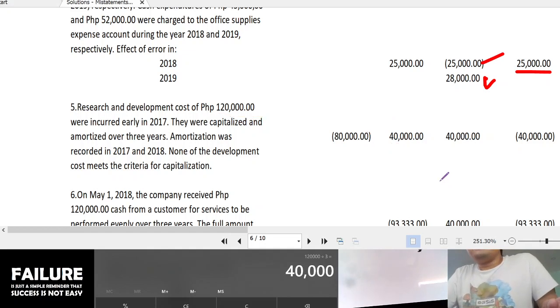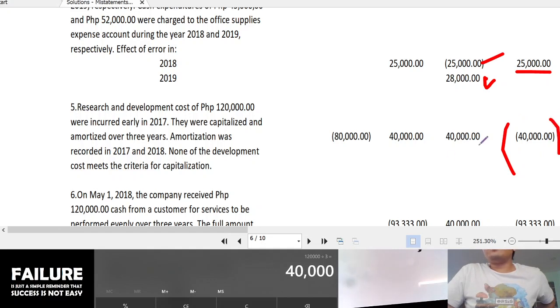inamortize. So, ang effect sa retained earnings niyan, again, beginning kasi tayo, so the effect of that error in 2017 and 2018 only. So, we have a net, okay, overstatement of 40,000. Ito, di ba? Add mo yan.